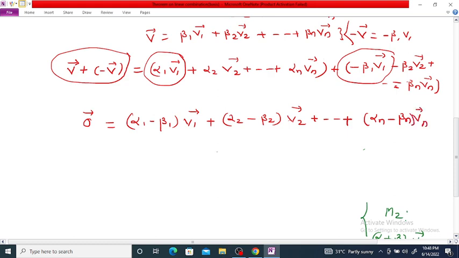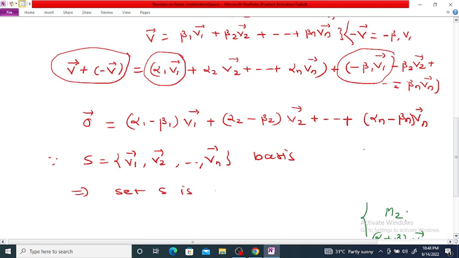Now, since set S, which is equal to {V1 bar, V2 bar, ..., Vn bar}, is a basis, this implies set S is linearly independent. Linearly independent means what?